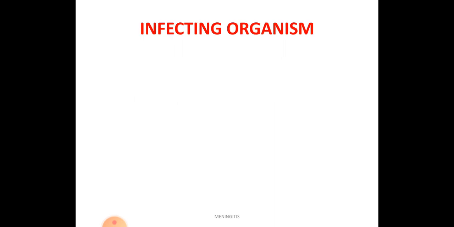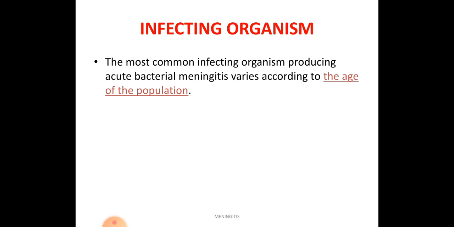Now the infecting organism. Here the infecting organism depends on the age of the population. All viruses and bacteria have some target population. For example, with the polio virus, children below 5 years are affected more. With coronavirus, people more than 60 years are affected more. So depending on the age of the individual, the organism is also different.